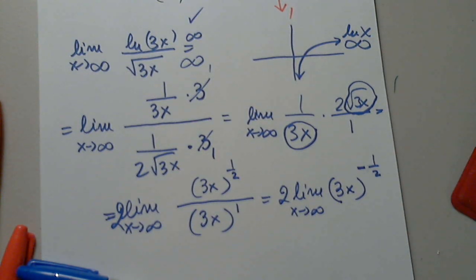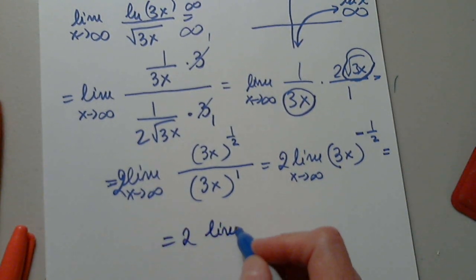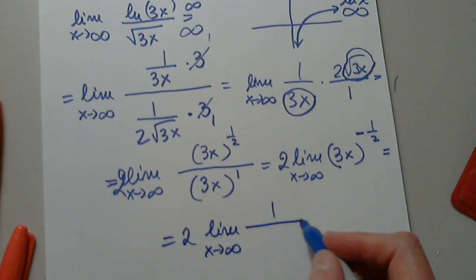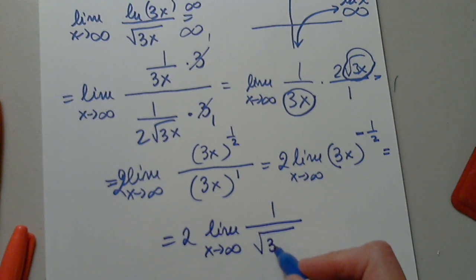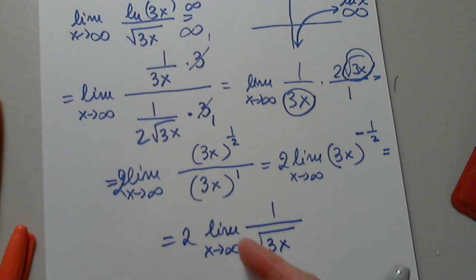So negative 1/2 will really mean limit as x approaches infinity 1 over the square root of 3x, because it's negative, 1 over with positive.